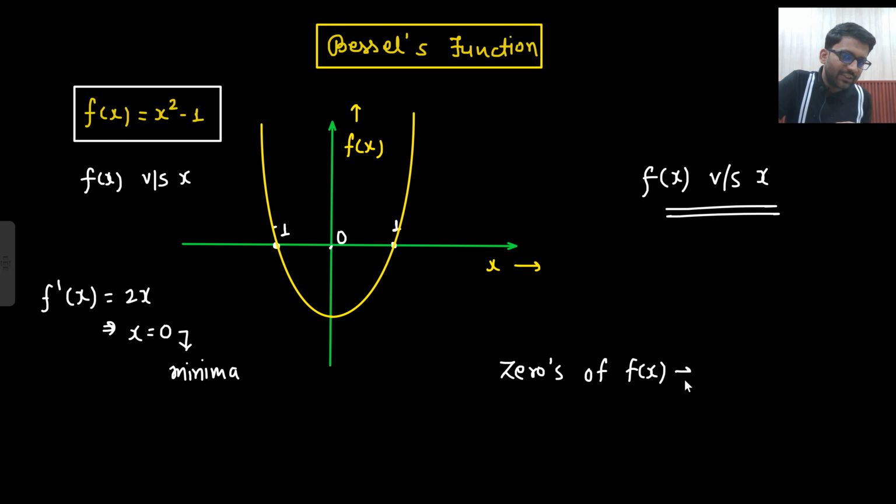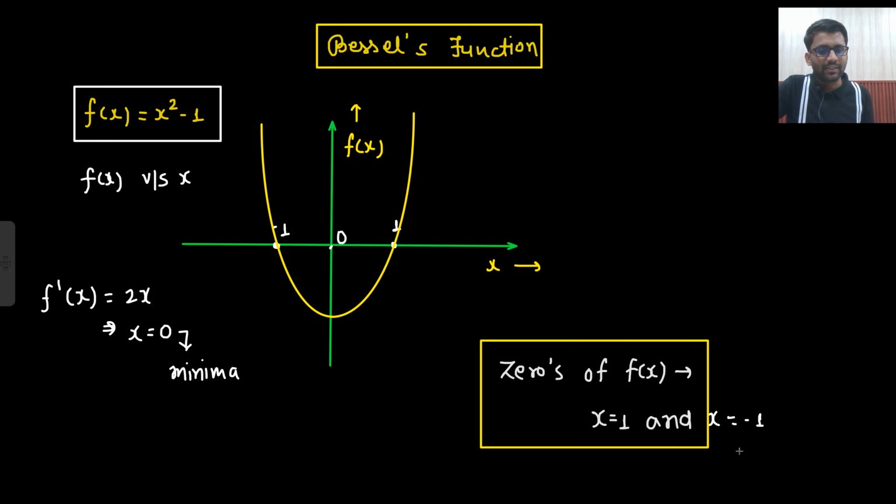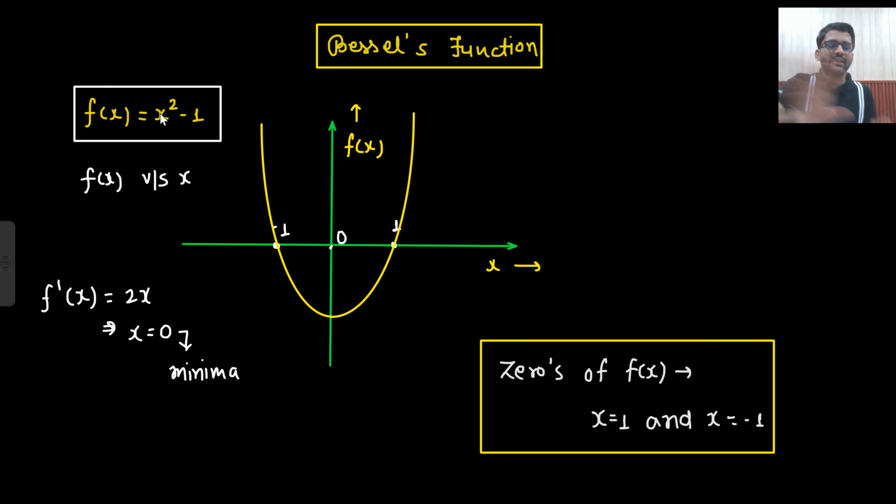If I ask you what the zeros of f(x) are, when the function becomes 0, the values of x at which the function becomes 0 are defined as the zeros of f(x). So the zeros of f(x) are x equal to 1 and x equal to minus 1. This is simple mathematics. The function is x square minus 1, a function of x, so we plotted it and found when it has 0 value. Zeros of f(x) are the values of x at which it becomes 0.